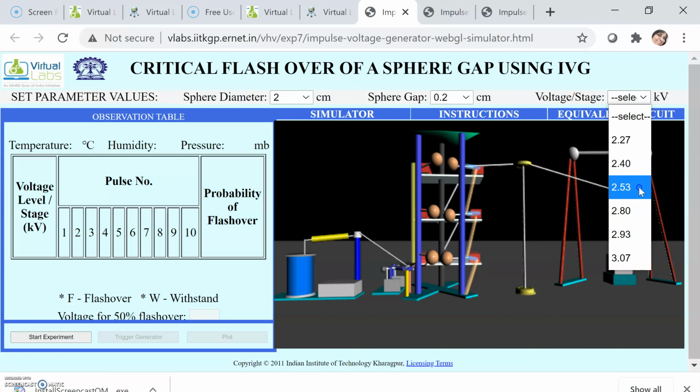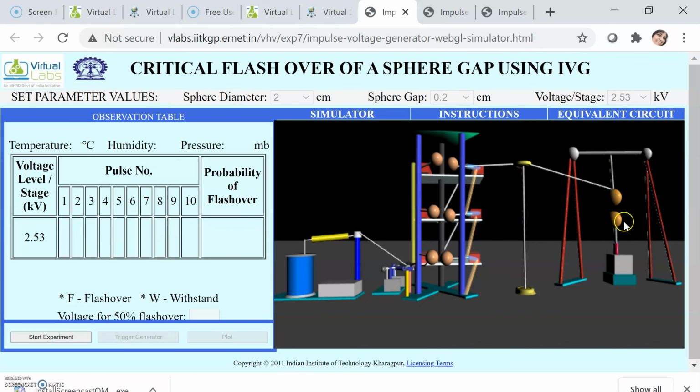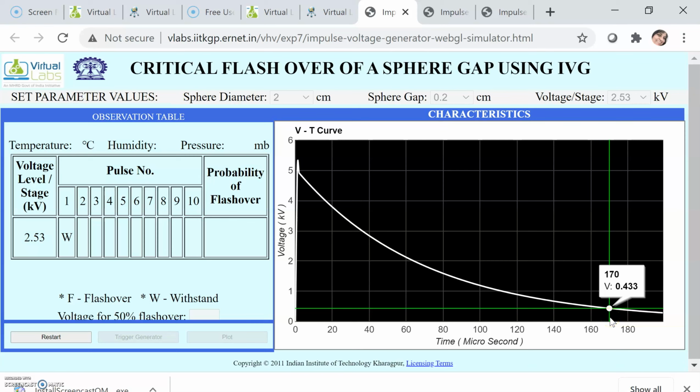Increase the voltage and see whether breakdown takes place. That voltage is supposed to be changed by a variac, but instead we are increasing it manually. Just trigger the generator and observe whether a spark occurs. No, there was no spark, the voltage is full, so no breakdown has occurred.